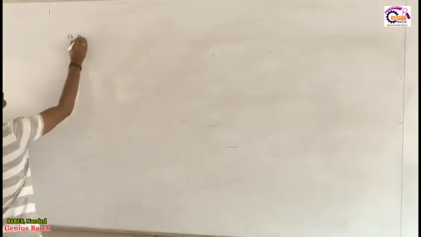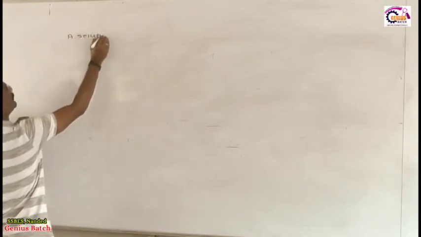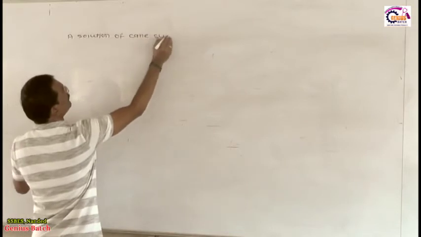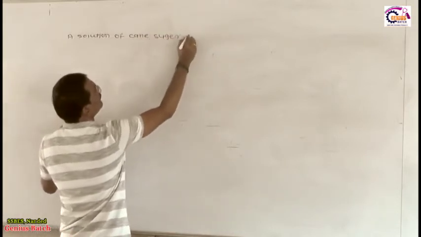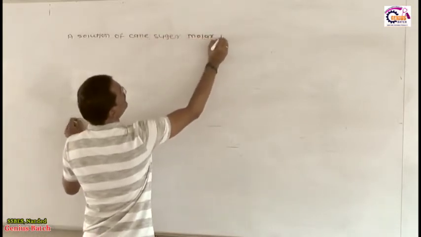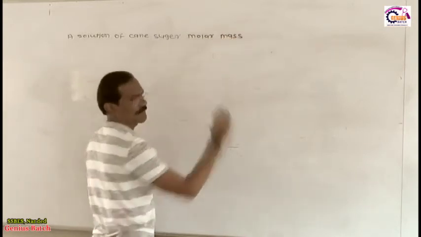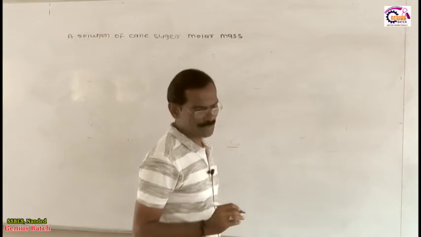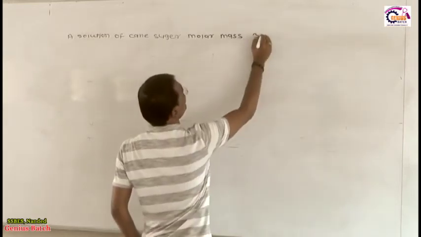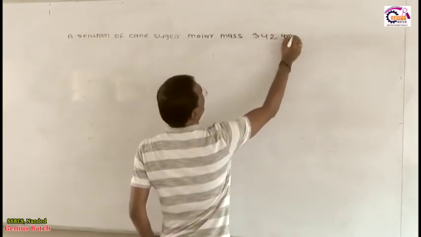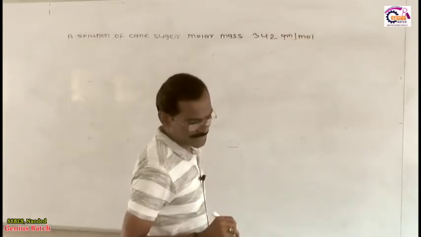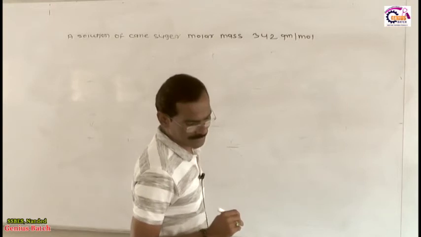A solution of cane sugar, and they are given the molar mass. How much molar mass? Molar mass 342 gram per mole. Containing 17.8 gram per liter.